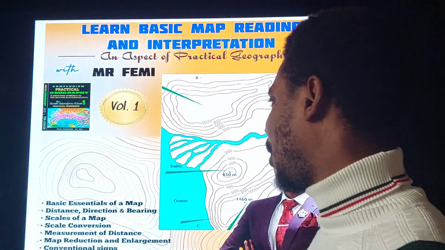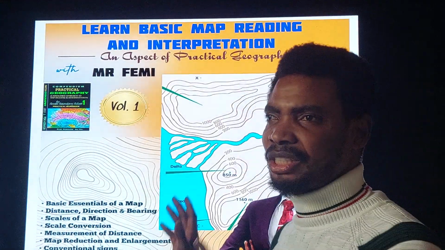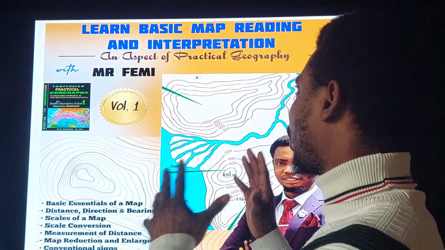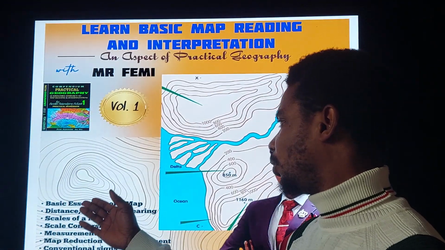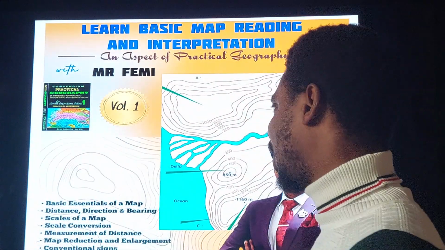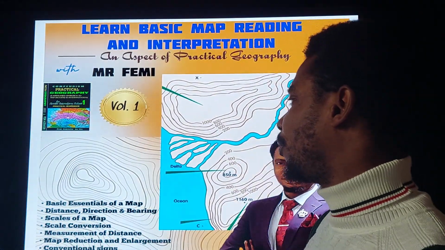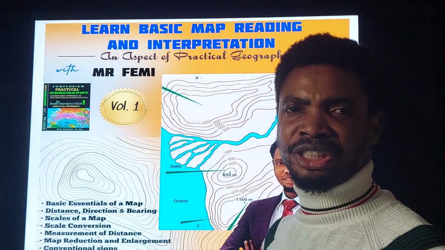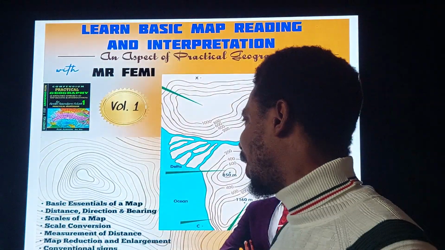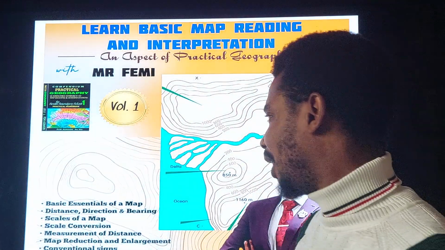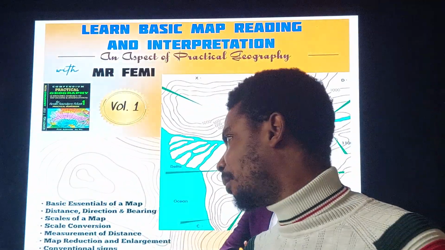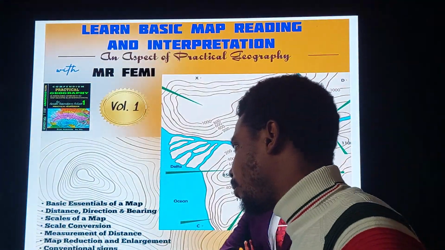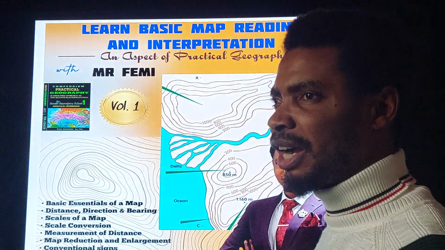In our last episode on this same subject, we have been able to look at basic essentials of a map. We've been able to look at the concept of distance, direction, and bearing. So today we want to look at scales of a map and also look at scale conversion.